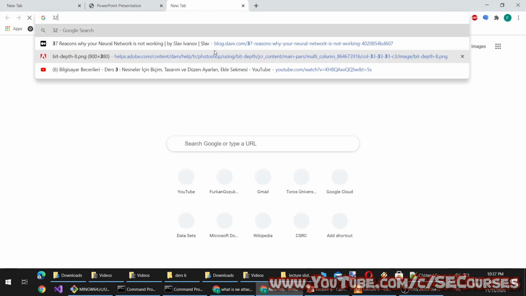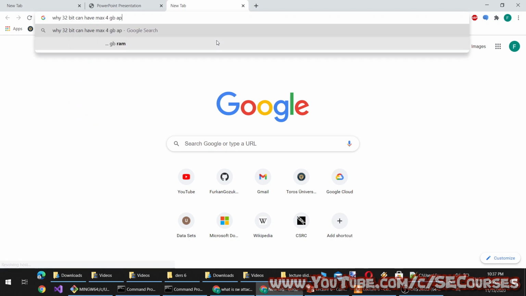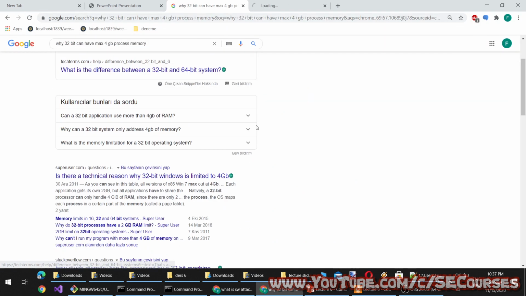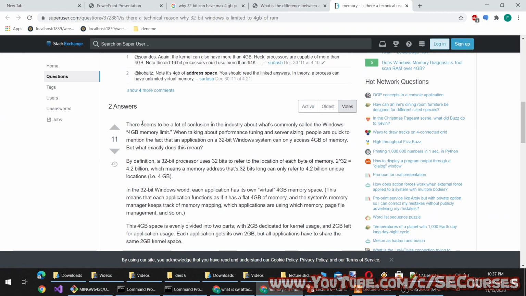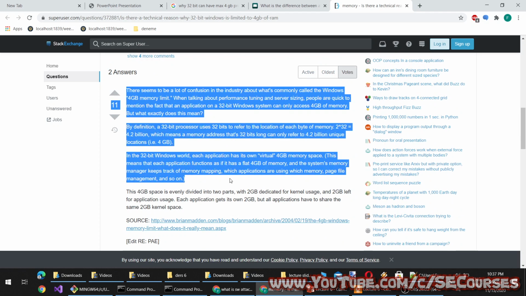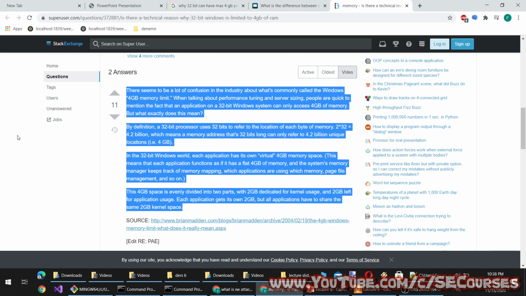If you wonder why, there seems to be a lot of confusion in the industry about what's commonly called the Windows 4 GB memory limit.